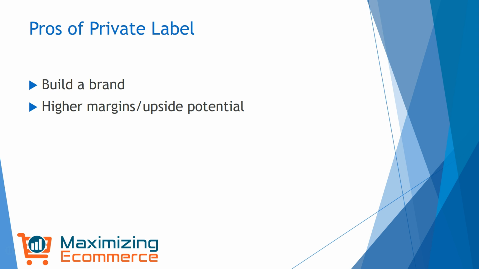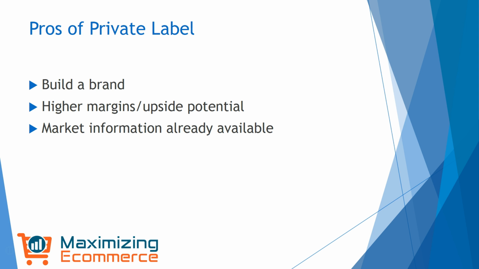If you're the only one purchasing from the factory directly and then selling to the consumer, and there's not another middle person, which oftentimes can be the case with wholesale, you have a lot more potential upside. And because you build that brand, you can keep selling that same product over and over again once you get it successful.